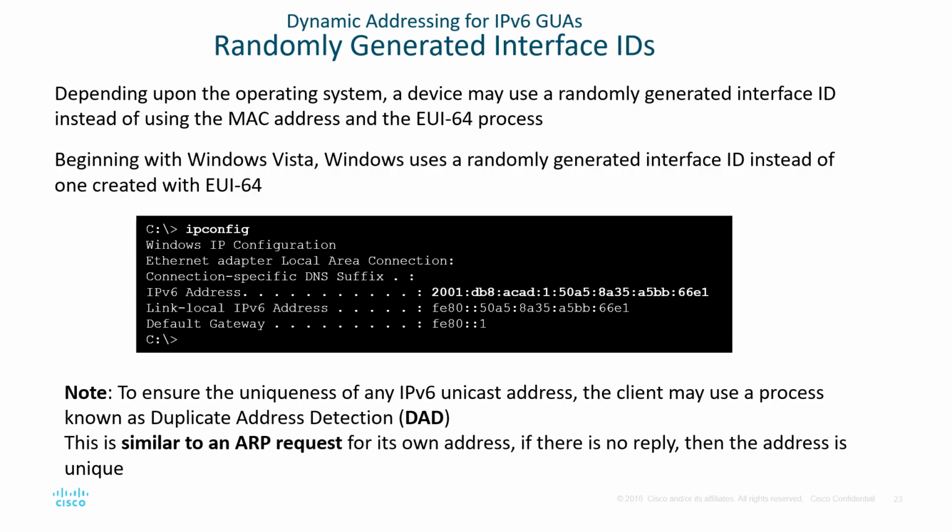depending upon the operating system, a device may use a randomly generated interface ID instead of using the MAC address and the EUI-64 process. So beginning with Windows Vista, Windows uses a randomly generated interface ID instead of one created with the EUI-64.